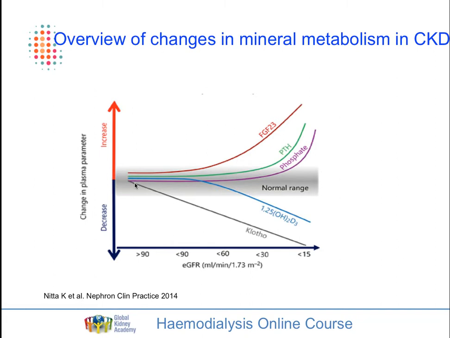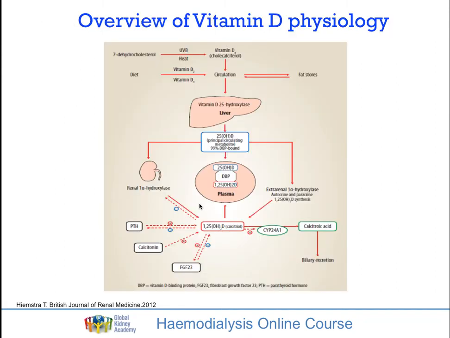And Klotho, which we'll talk about later, is a co-receptor for FGF-23. Soluble circulating Klotho declines as GFR declines as well.